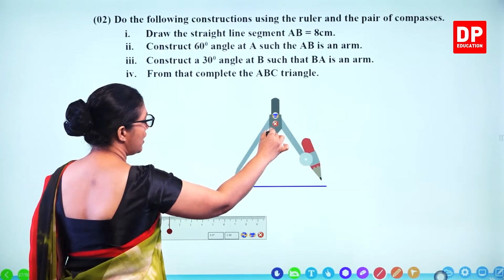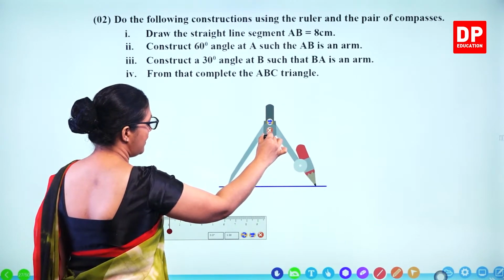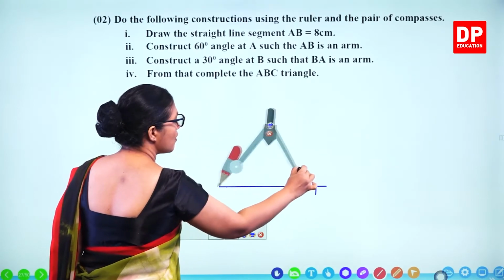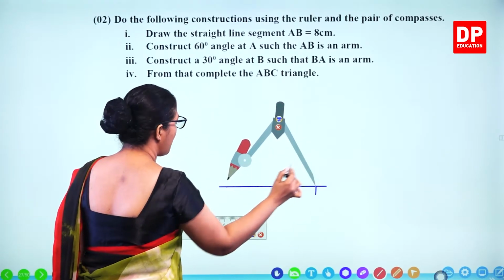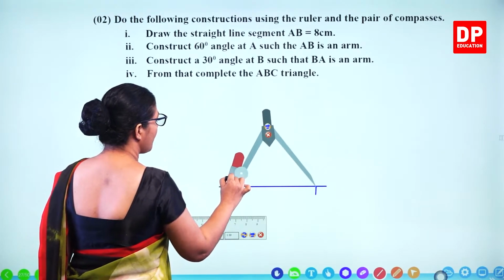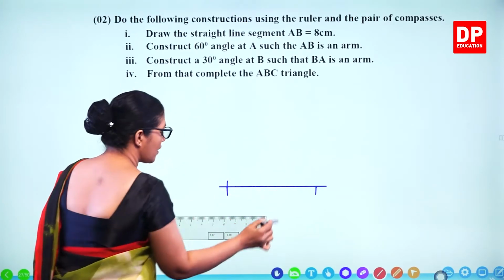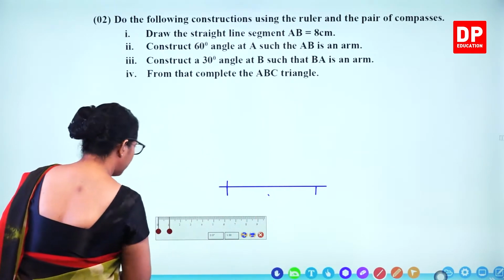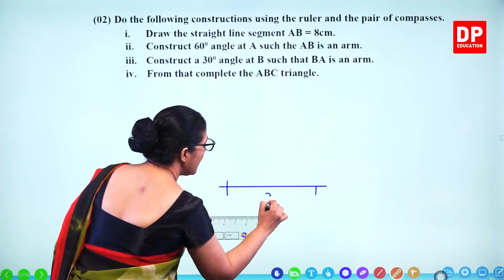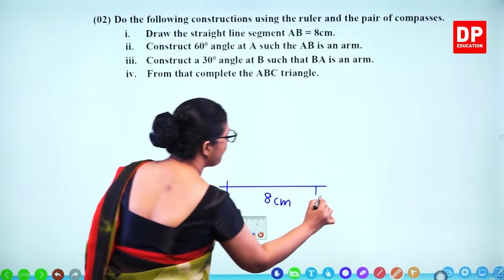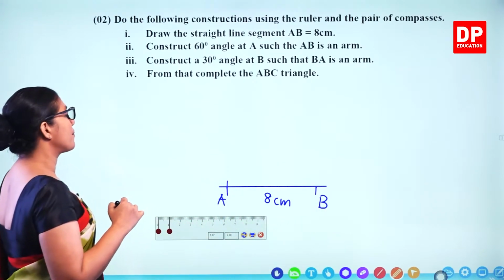And what you do, you keep on top of the line and first you mark this way and then take the compass to this side and mark the other point. So, this is 8 centimeter length. You can mark A, B.